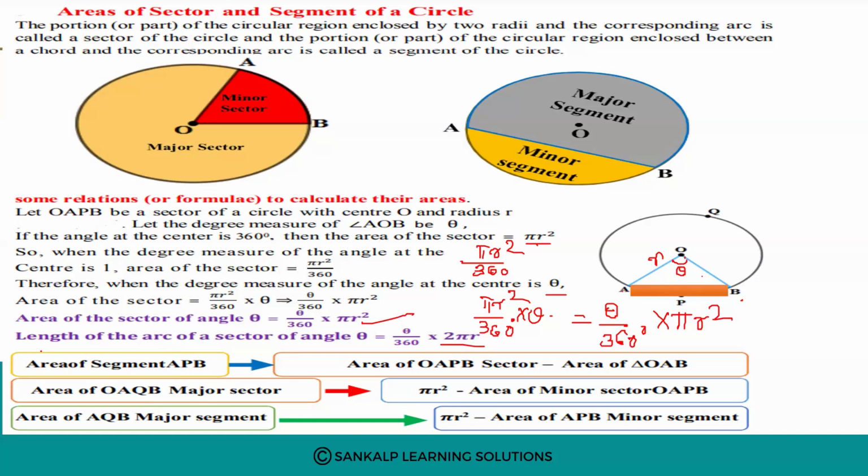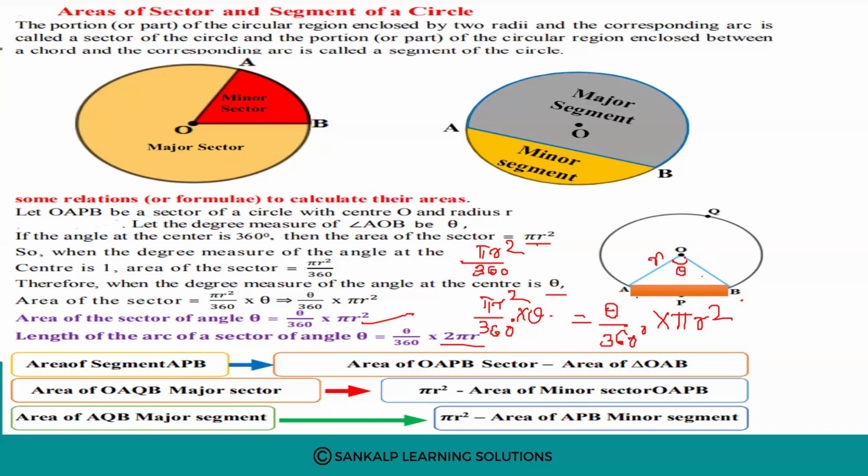Remember. Next, area of the segment APB. The area of this segment can be calculated by area of sector OAPB minus area of triangle OAB.